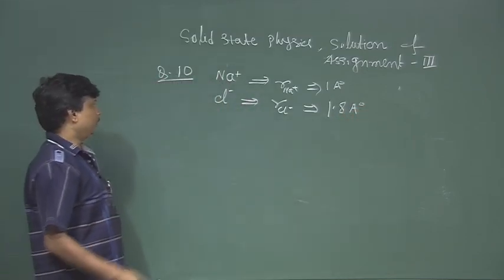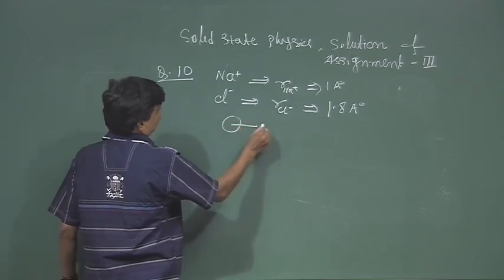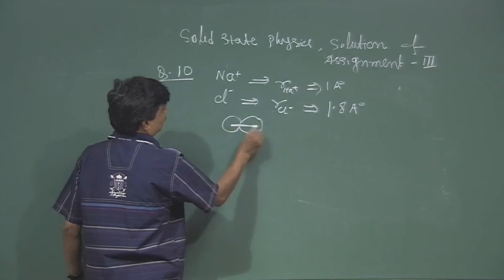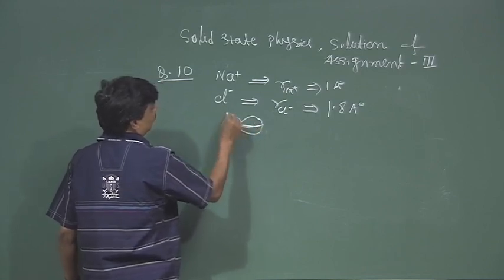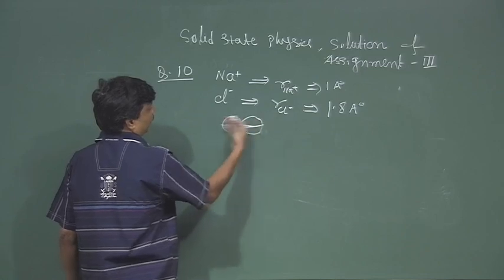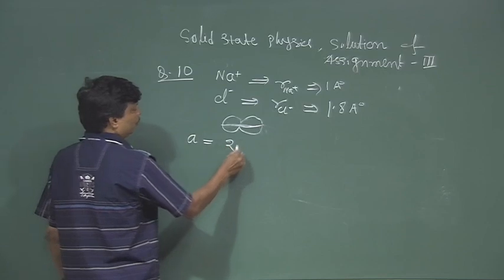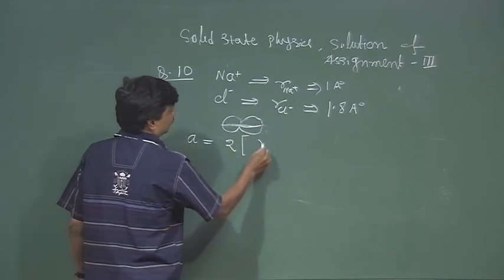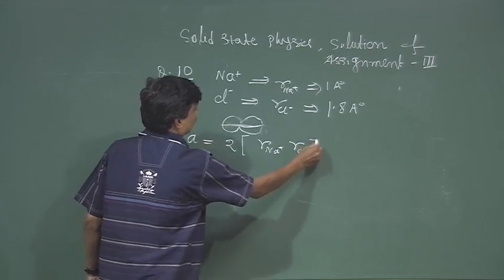This lattice parameter is very simple. The lattice parameter A will be 2 into the radius of sodium plus the radius of chlorine.